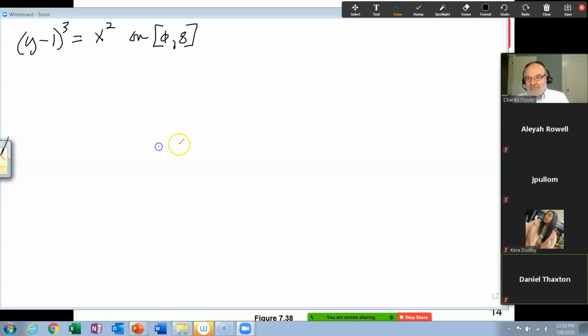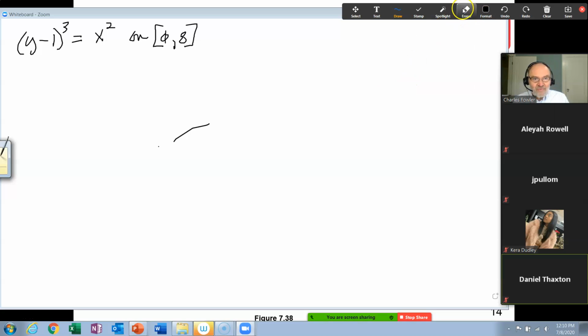So let's rewrite this. Okay, now it's drawing things where I don't want it to draw things. Now if we take the square root of both sides, that would give you x is equal to (y minus 1) to the 3/2.